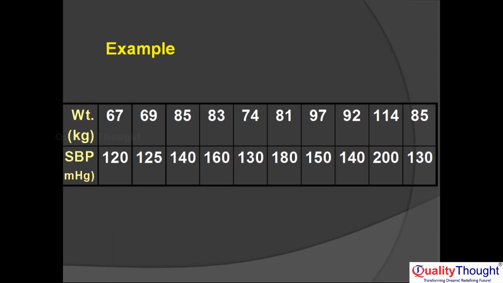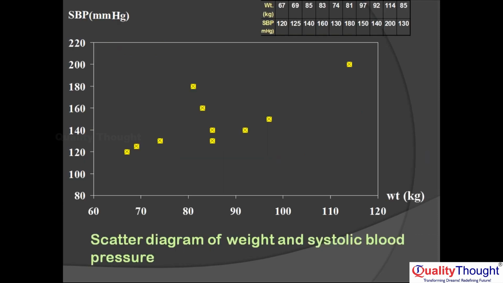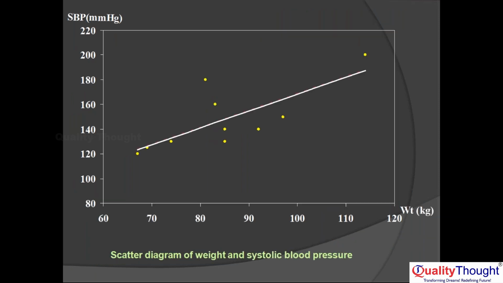Example. Here we have data which is quite related, like weight and systolic blood pressure. If you take a look at this, the scatter diagram of weight and systolic blood pressure represents something like this. What does this mean? From how the points are plotted, we can see that a linear regression line can be drawn to show the correlation between those two variables.